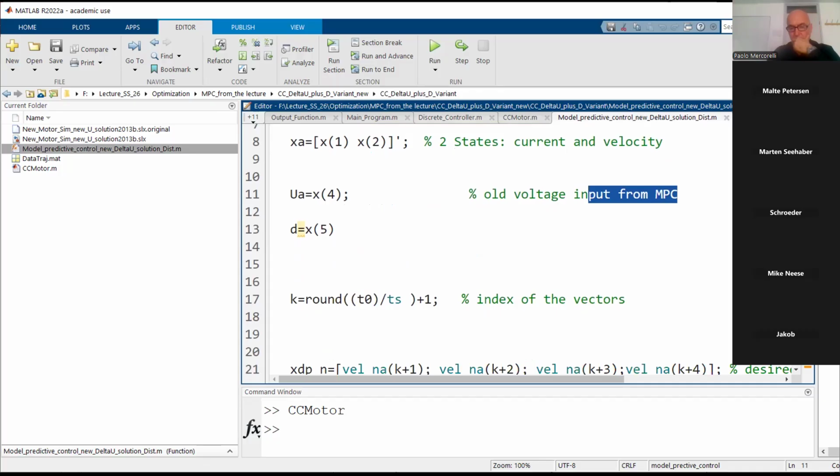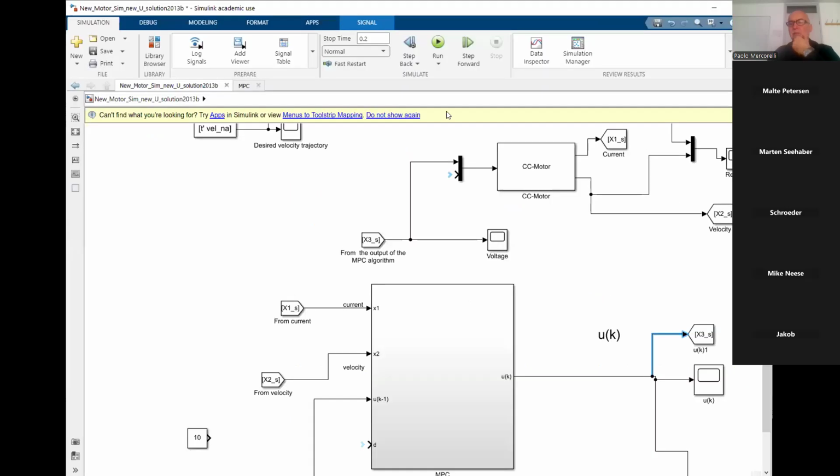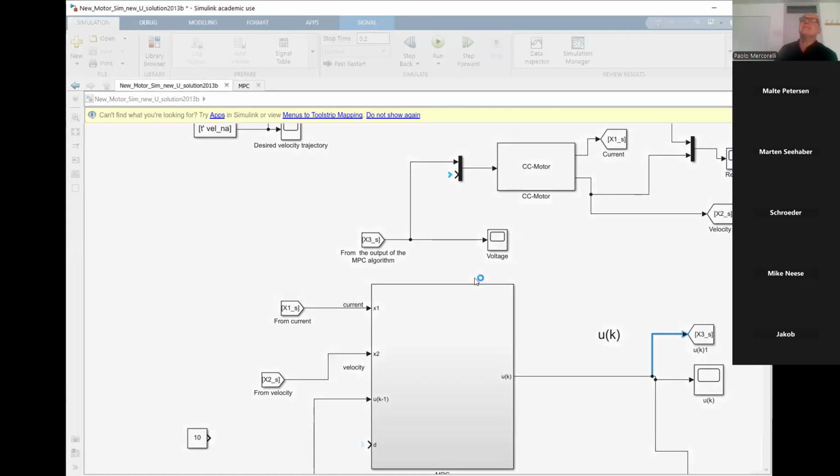Okay, let me simulate now and then we will conclude. We do 2 simulations. Without disturbance. You remember last time I told you also, with the easy structure, this is the U variant. Nevertheless, we are able to compensate the disturbance. We will be able to compensate the disturbance.